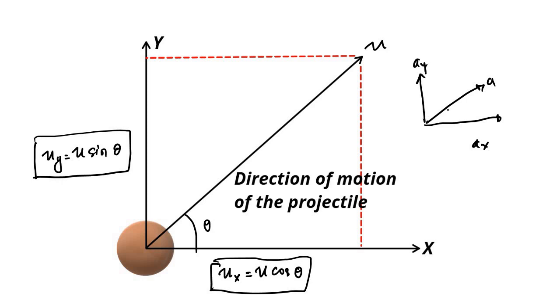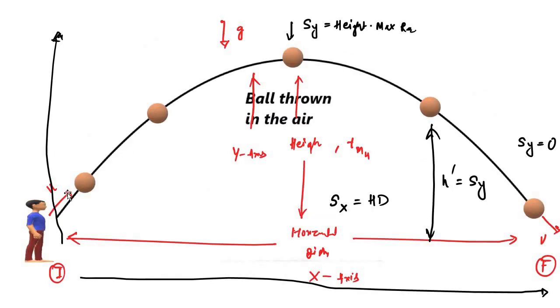Now here, if you see acceleration due to gravity, it is acting downwards, so it is acting along the y-axis. So ay is equal to g.